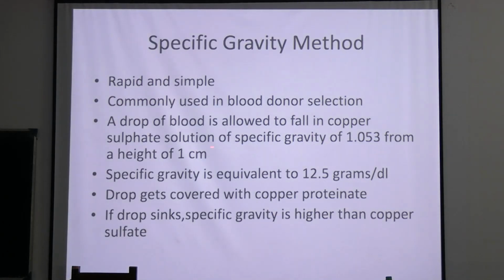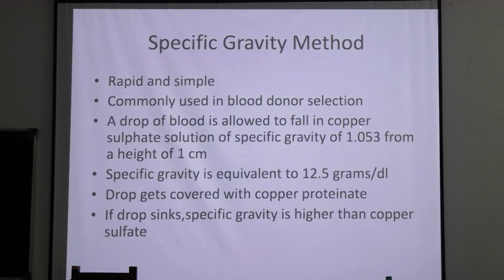The solution of copper sulfate will have a specific gravity of 1.053. This thing you have to remember. This is asked: what is the specific gravity of the copper sulfate solution? And this specific gravity is equivalent to 12.5 grams.